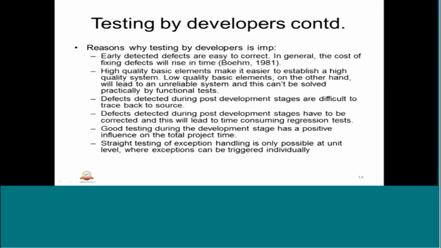Testing of exception handling is only possible at unit level, where exceptions can be triggered individually. I will tell about exceptions and interrupts sometime in the later stages because this is a new system development world; you may call it an interrupt as a result of an exception. So exceptions are somewhat unknown behavior of the system under certain conditions.